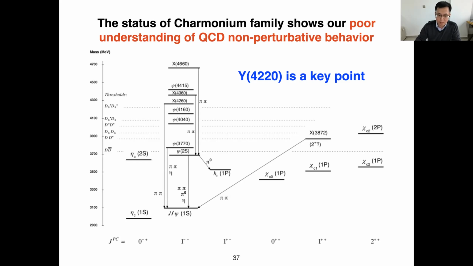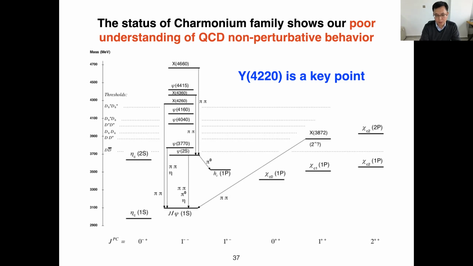You can notice that there exists a threshold, the D D-bar threshold. If you face the charmonium states above the D D-bar threshold, you can find many novel phenomena, like the missing 4S state.